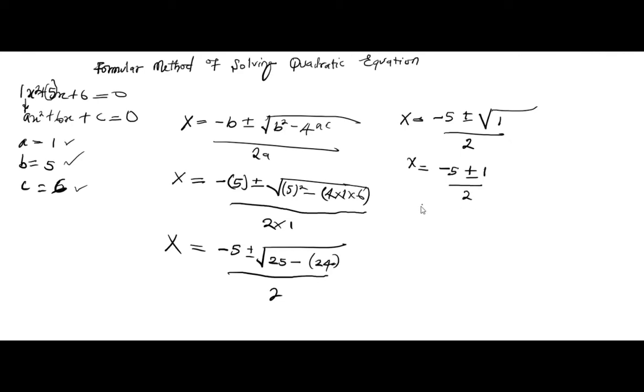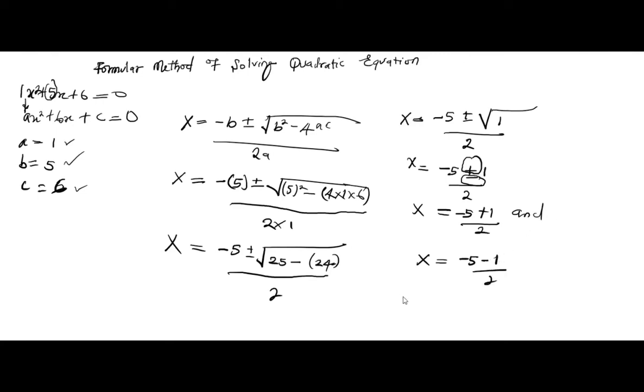So we have our x. Let's take this positive sign first. X equals to -5 plus 1 divided by 2, and let's take this 1 under. We have our x equals to -5 minus 1 all over 2.